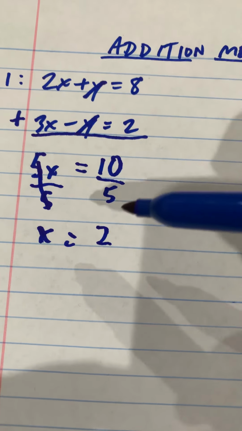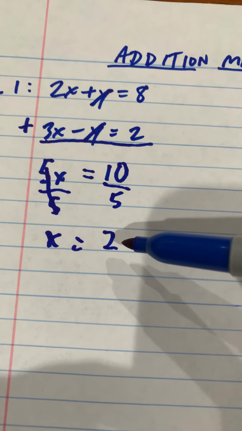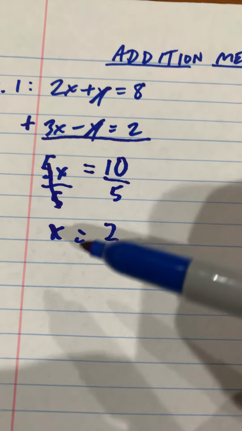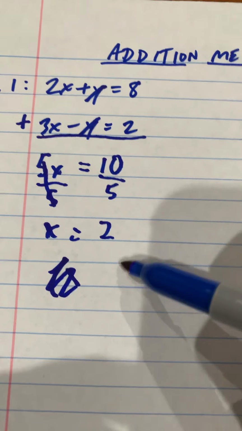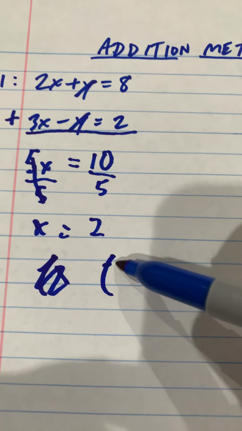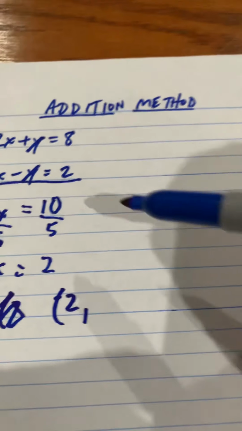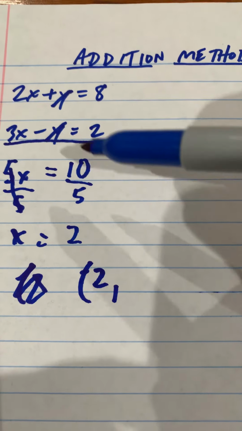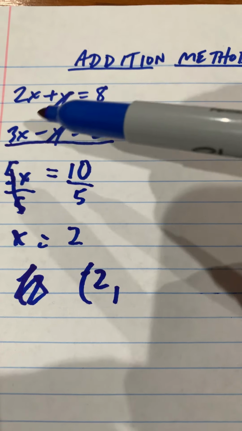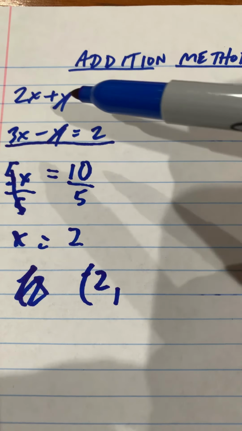All right, what do you think we're going to do with this 2 now? We know that x is 2. So how are we going to find out what y is? Well, we're going to take this 2, and we can choose either equation. I'm going to choose randomly.